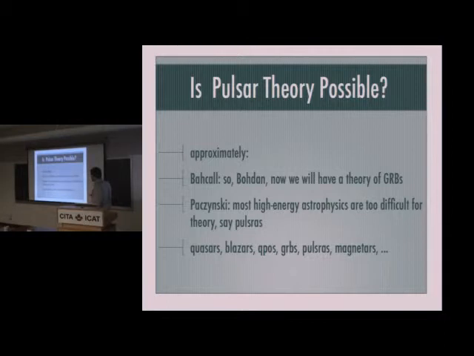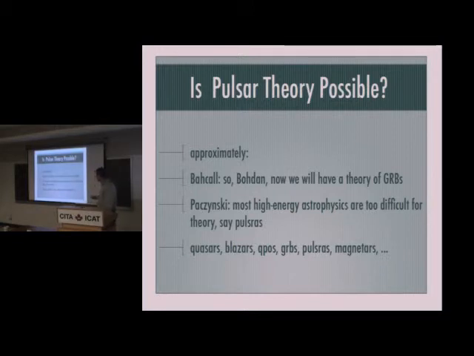Because I recall, approximately, it was some 10 years ago probably, this dialogue. The context was that some new data on GRBs appeared, probably GRB polarization or something, and John Bahcall, with his usual enthusiasm, addressed Bohdan Paczynski, saying, okay, with all this new data, we will now have a theory of gamma ray bursts.